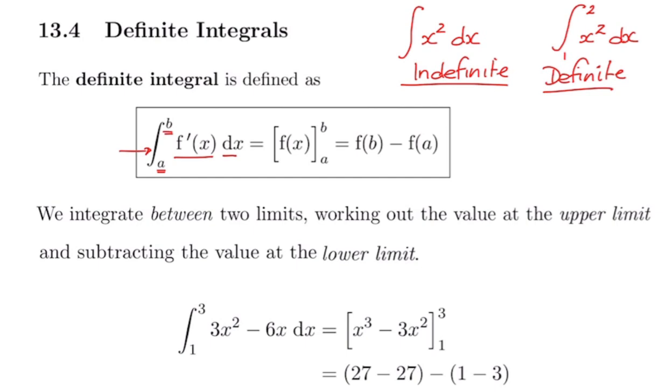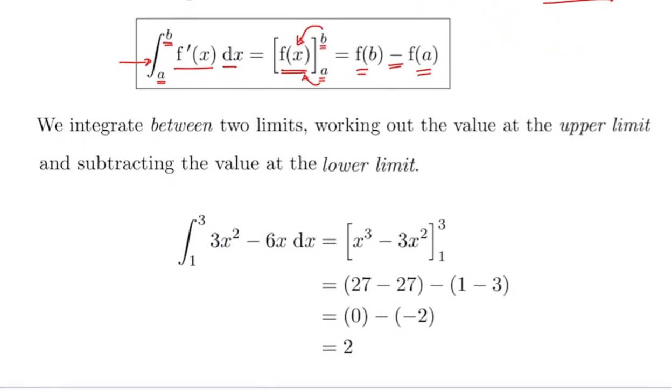So we use square brackets to say that the thing inside is what we've got when we've integrated. If you integrate f dash of x, you get f of x, and you put the limits on the right hand side, top limit to the top, bottom limit to the bottom. Then you substitute the top limit into the function of x, you substitute the bottom limit into the function of x, and you subtract those two values. I'm going to show that in this example here.